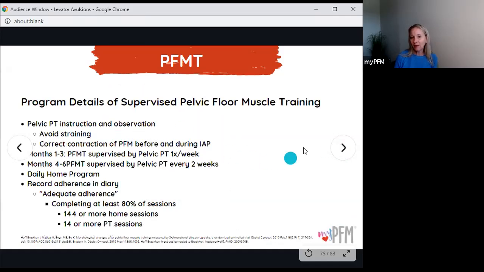So they had a pelvic physical therapist that instructed the person and also observed the person contracting their pelvic floor, avoiding straining. They also helped them to understand that we want to contract the pelvic floor muscles before and during intra-abdominal pressure. So intra-abdominal pressure is basically, let's say you cough or sneeze.